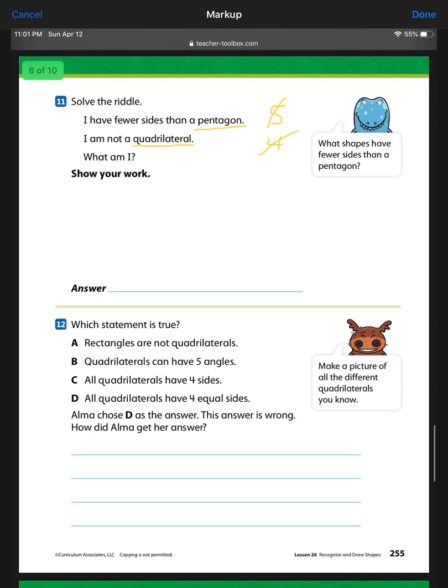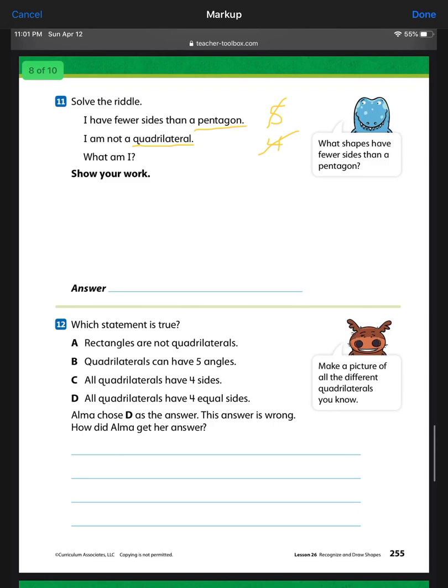How many sides could this shape have? What am I? It says what shapes have fewer sides than a pentagon? Think about that. I know that a triangle has fewer sides than a pentagon, and it is not a quadrilateral.